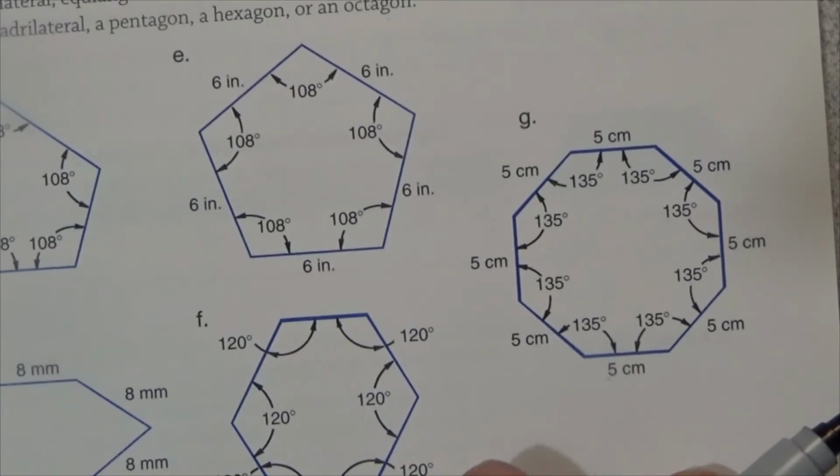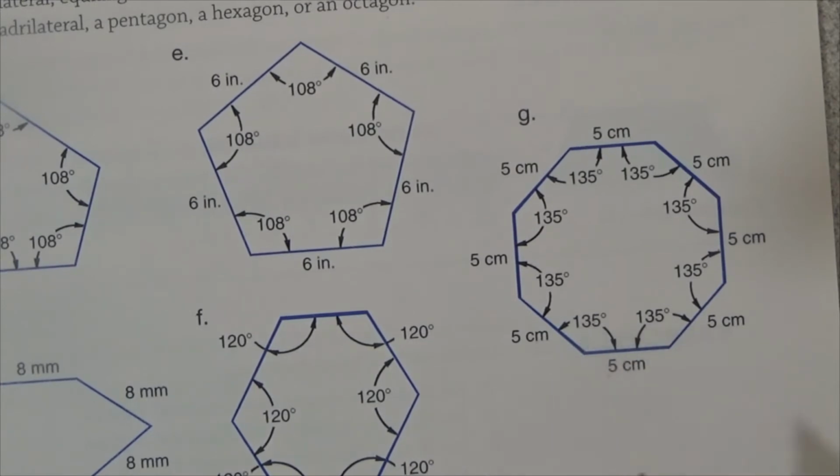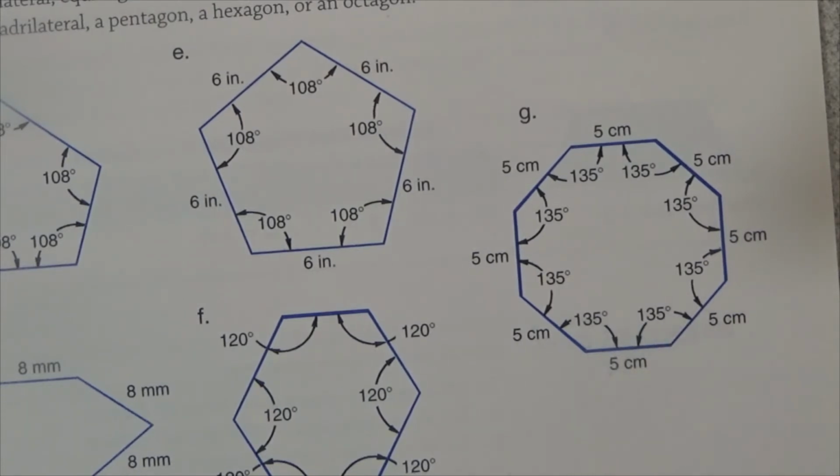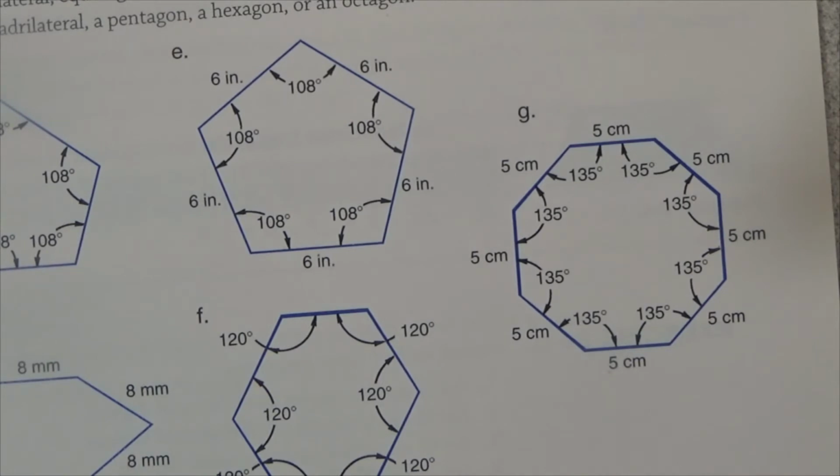Now this one right here, let's see, all of the sides are 5, so this is an equilateral polygon. All of the angles are 135, so it's equiangular, so this is a regular 8-sided, so that is an octagon.